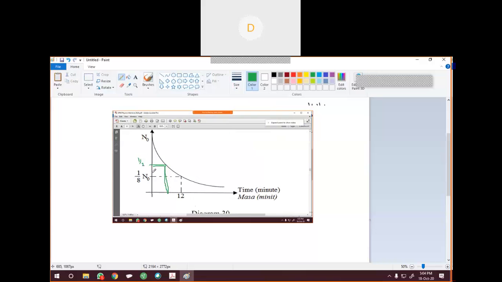How much is half of half? It is 1/4. That means first there's 1, then 1 becomes half, then half of half is 1/4, and half of 1/4 is 1/8. Here you times by half, times by half, times by half.